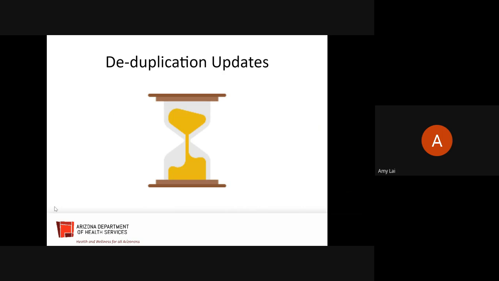So how does dedupe work? Eligible merges are updated on an hourly basis, and it's on the hour. What does this mean? This means that the MEDSIS system runs every hour to try to find new eligible merges.